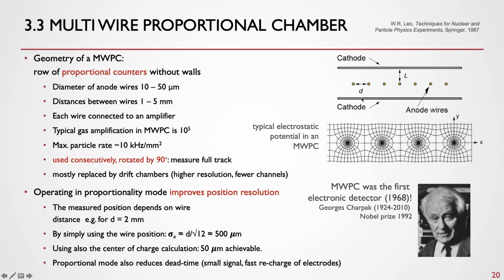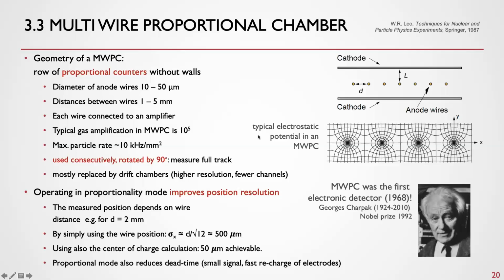You can achieve 50 microns with 2 millimeter spacing. That's very large factors. And now we've also learned a little bit of statistics. We computed the standard deviation of a uniform distribution, and it is a factor of square root of 12 less than the length parameter of the uniform distribution.